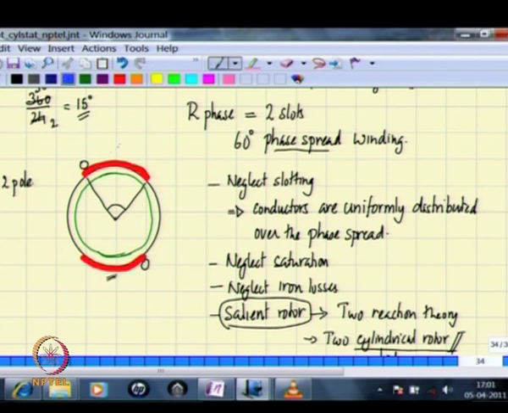So, we intuitively understand how the flux lines in this kind of system are going to look. This distribution here and here means that, let us say, currents are coming out of the plane on this belt and going into the plane on this belt, and therefore the whole arrangement looks like a coil with I coming out here and then going into this slot.